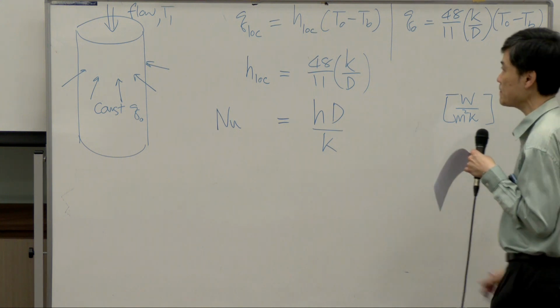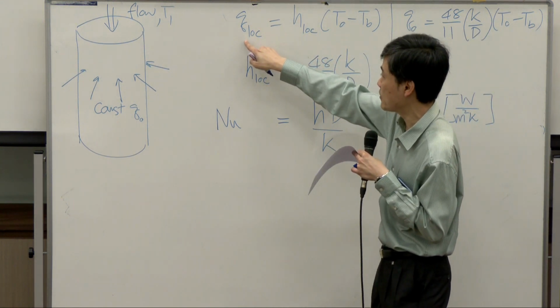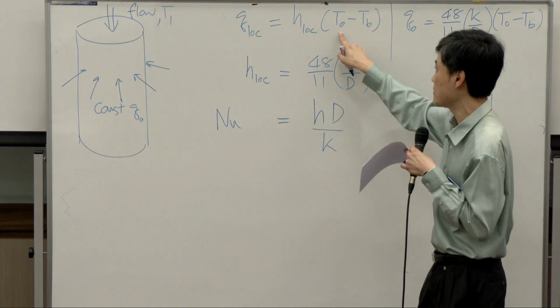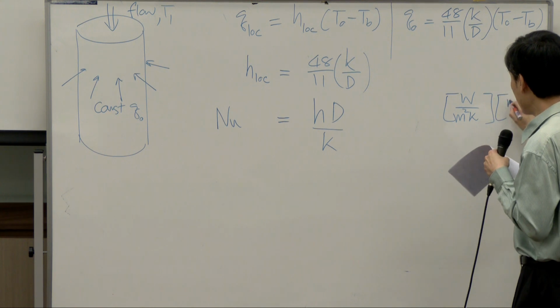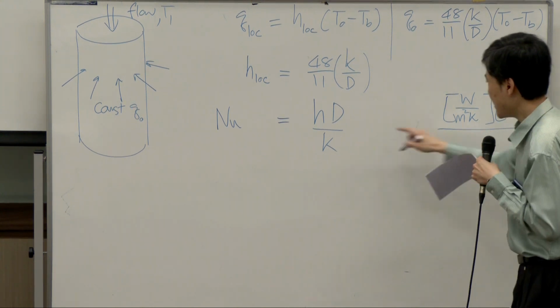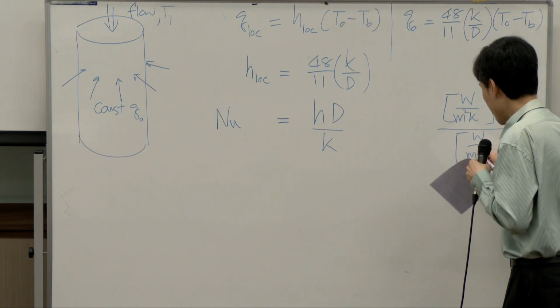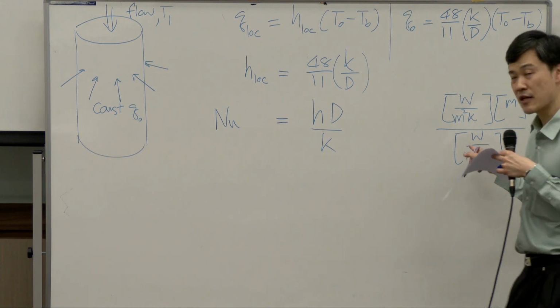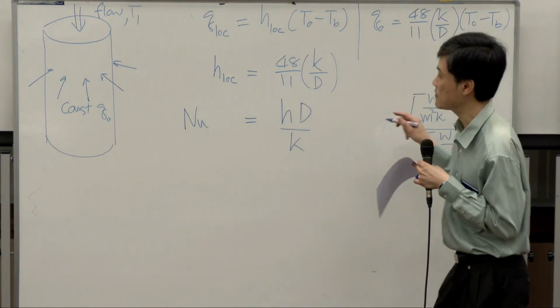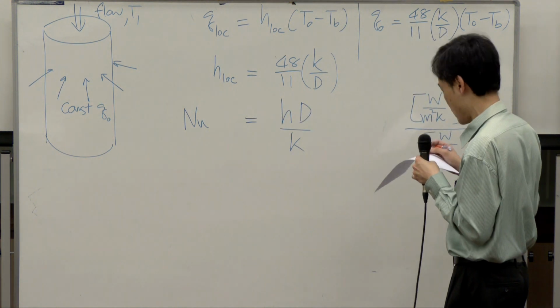You can look at this equation. Q would be watt per square meter. This is Kelvin. So H would be watt per square meter Kelvin. Diameter would be meter. K itself, thermal conductivity, would be watt per meter Kelvin. And then all units cancel out. That means the Nusselt number is dimensionless, so it does not depend on the size of the system anymore.